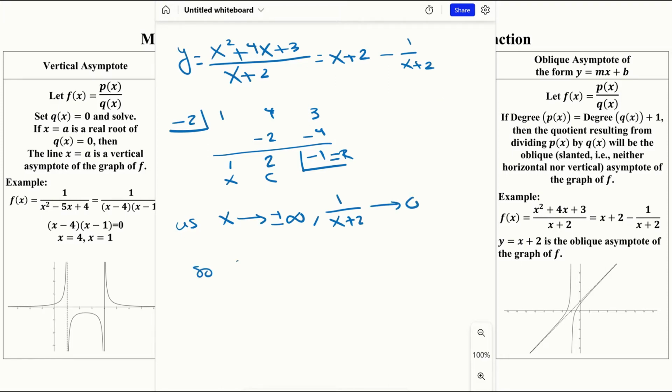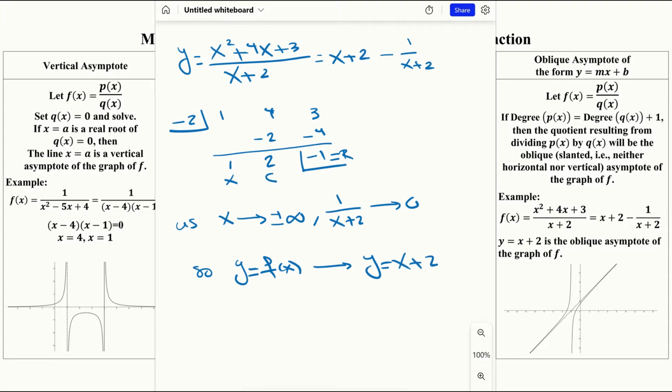So y itself is going to approach that part, the x plus 2 part. So here by y, of course, we mean the original function, right? So let's say y equals f of x approaches the line y equals x plus 2.